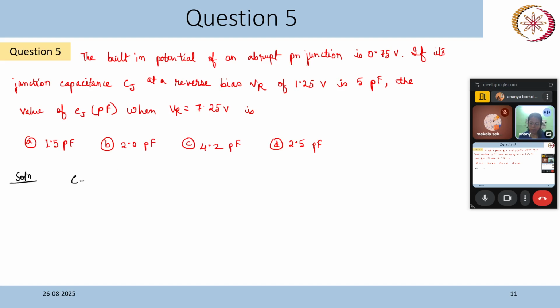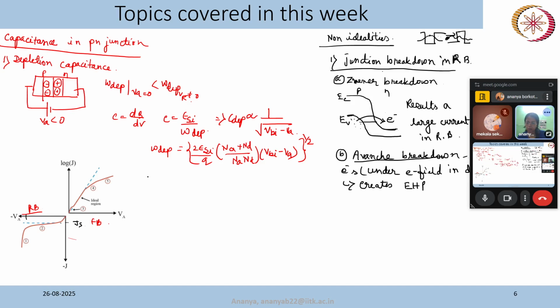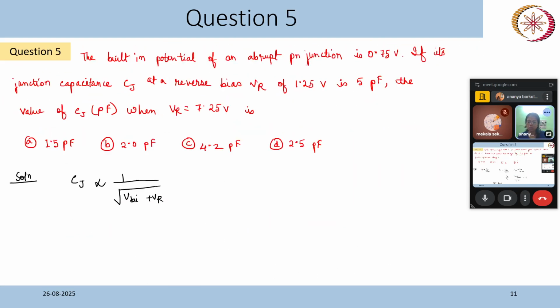We know that junction capacitance or depletion capacitance is proportional to 1 by square root of VBI minus VA, right? Because our VR is negative already, this is VBI plus VR. So we'll use this relation.